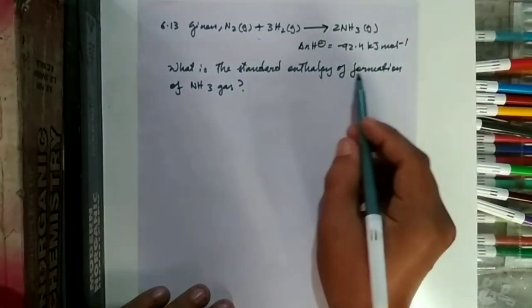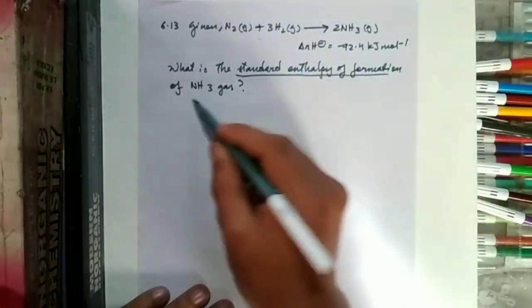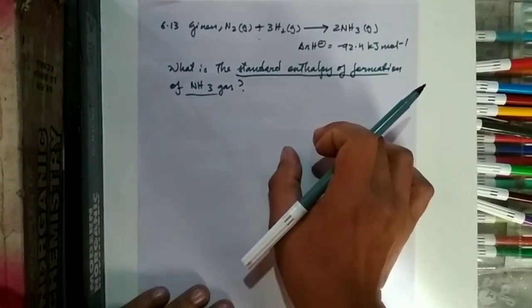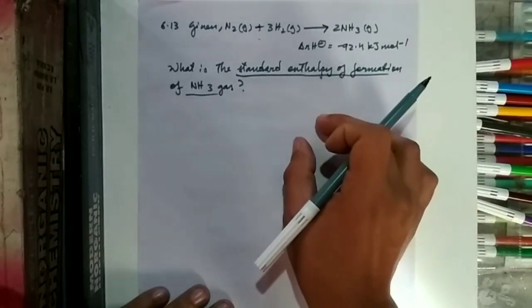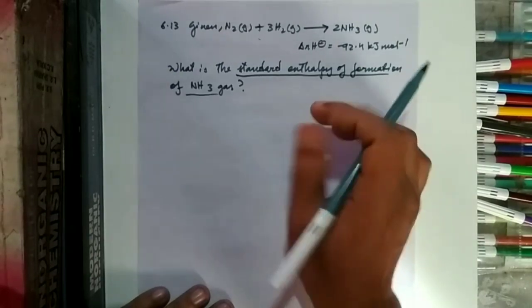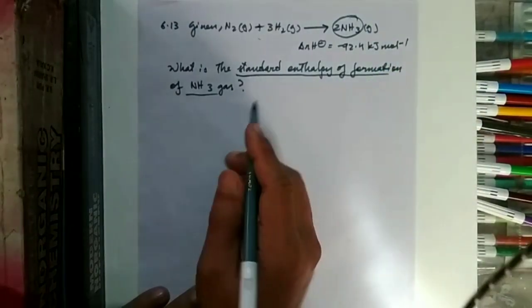What is the standard enthalpy of formation of NH3? So this standard enthalpy of formation should be for 1 mole, the enthalpy change involving that 1 mole of ammonia. So we have to convert this ammonia into 1 mole only.